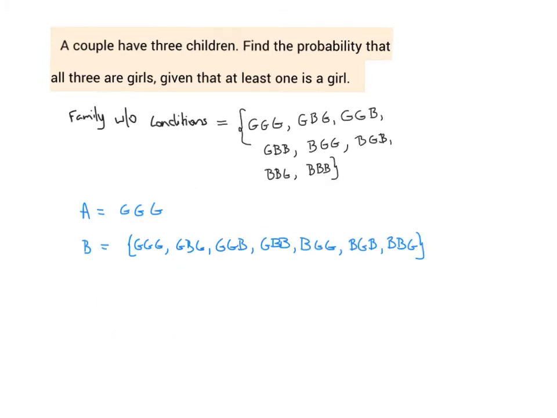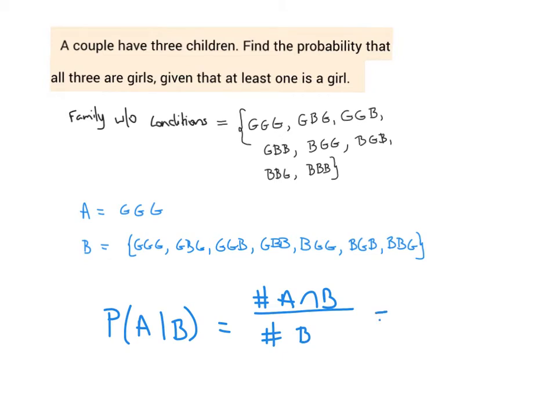Okay, and so we want to work out here the probability of A given B. And well, we know that that is equal to the number of elements of A intersection B over the number of elements of B. So that's going to be equal to, well, our number of elements of A intersection B is 1, just this one here.